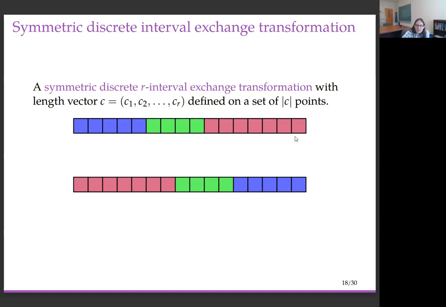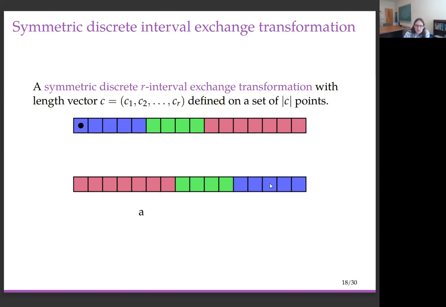So for example, here I have 3 intervals. The first one has length 5, the second one 4, and the last one has length 7. The symmetric case means that I send the last interval to the beginning, the middle interval to the middle, and the first interval to the end. What I want to study in that setting is the trajectory of a point.